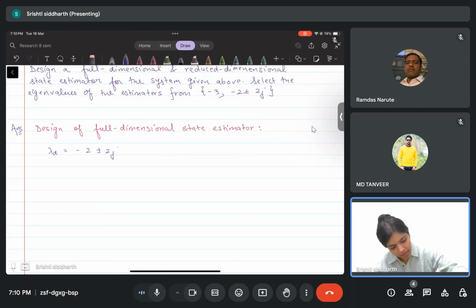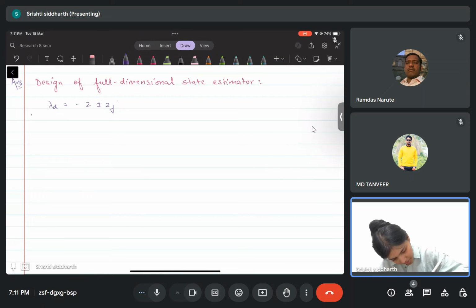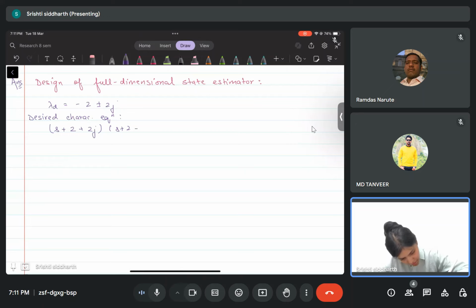So the desired characteristic equation is S plus 2 plus 2j, times S plus 2 minus 2j.